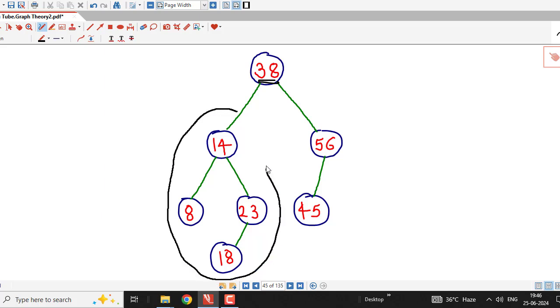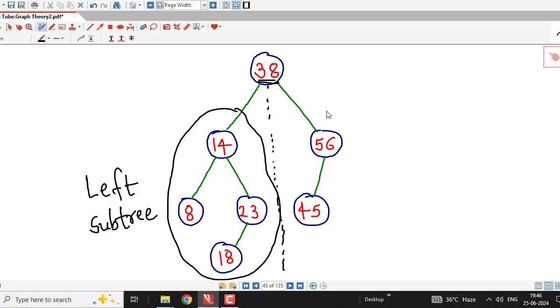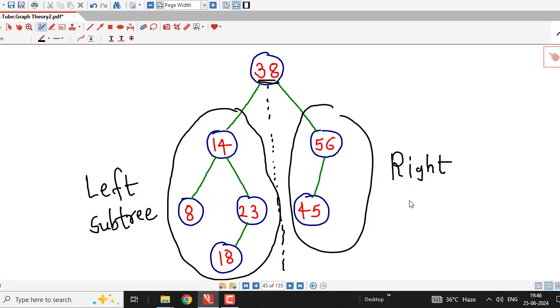If we consider this subgraph of this tree, then it is also a tree and it is called the left subtree of this node 38. We can consider this type of perpendicular line, and the tree which is to the left side of this perpendicular line is the left subtree, and the tree which is to the right side of this perpendicular line is considered as the right subtree.